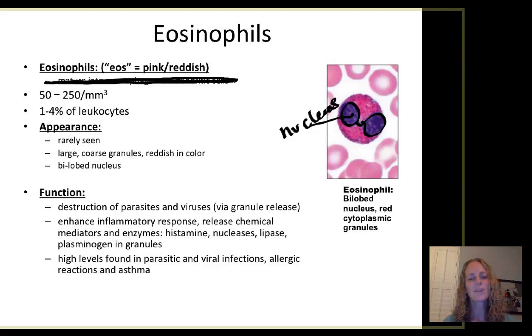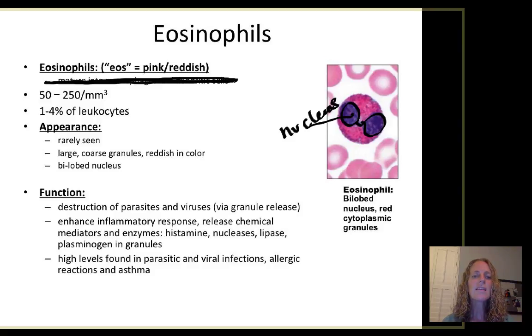Their function is destruction of parasites and viruses through their release of granules. They enhance the inflammatory response, and within their granules, they have certain chemical mediators and enzymes, for example, histamine, nucleases, lipases, and plasminogen.